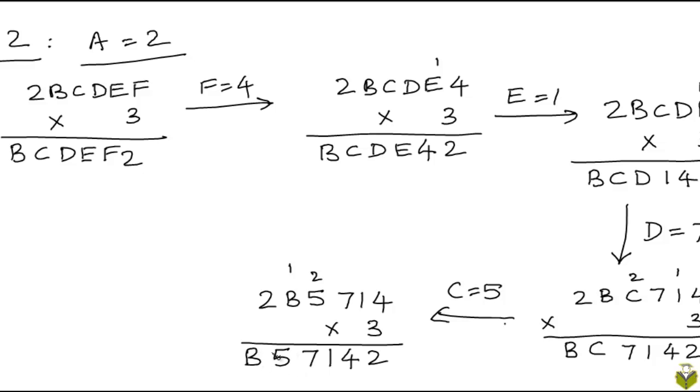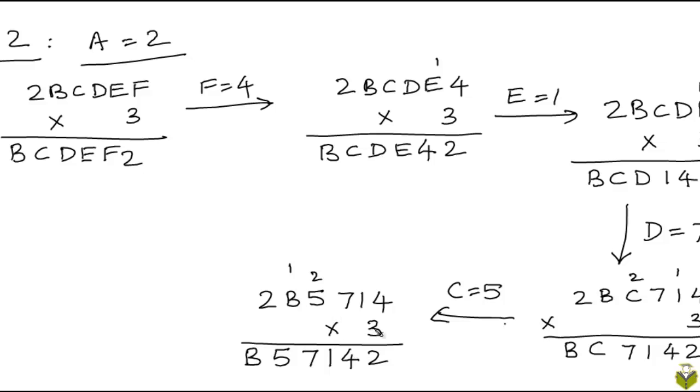And we need to find the value of this letter B. So 3 5s are 15 plus 2 is 17. 3 times B plus 1 should be a number that has a 5 in the units place. That means 3 times B must be some number which had a 4 in the units place.